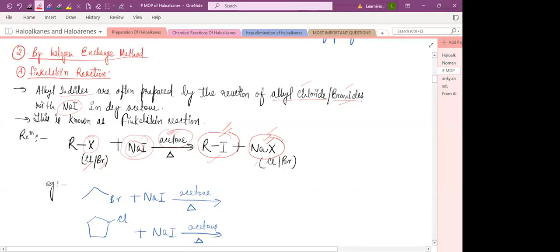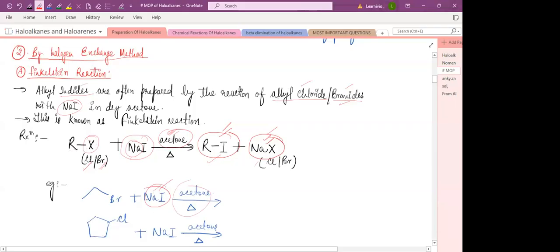Yes. You can remember this reaction by its reagents: sodium iodide and acetone. In the presence of sodium iodide and acetone, it is a Finkelstein type of reaction, and you will get alkyl iodide.